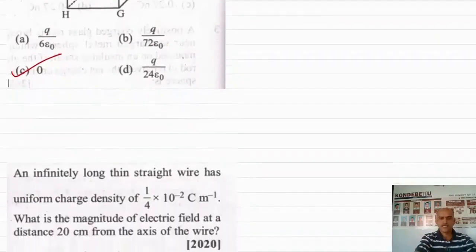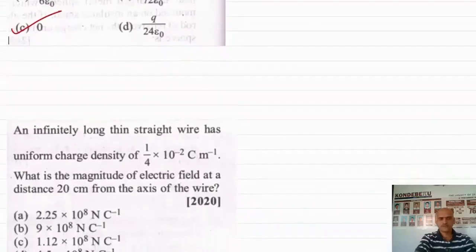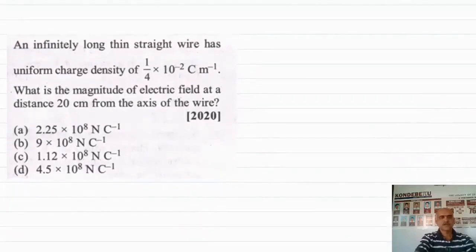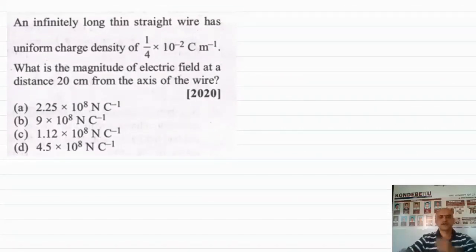An infinite long thin straight wire has uniform charge density of 1/4 into 10 raised to minus 2 coulomb per meter. So lambda is given, the uniform linear charge density.